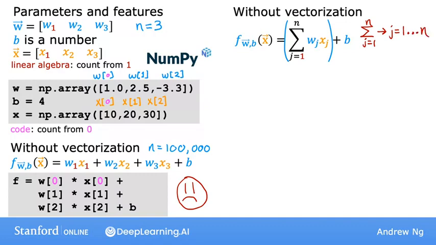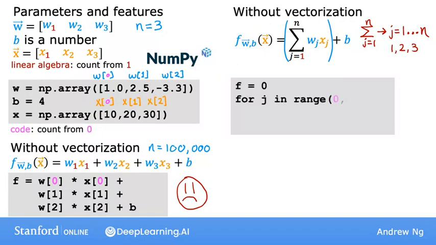For n equals 3, j therefore goes from 1, 2 to 3. In code, you can initialize f to 0. Then for j in range from 0 to n, this actually makes j go from 0 to n minus 1. So from 0, 1 to 2, you can then add to f the product of wj times xj. Finally, outside the for loop, you add b.